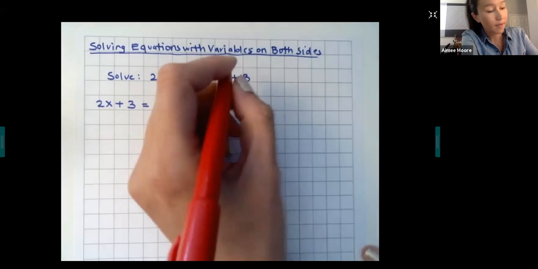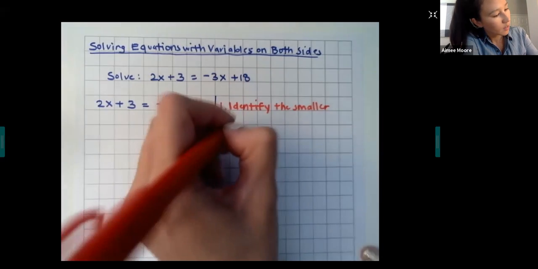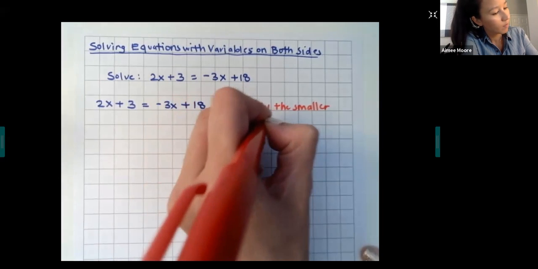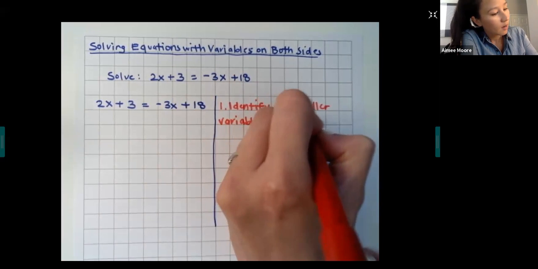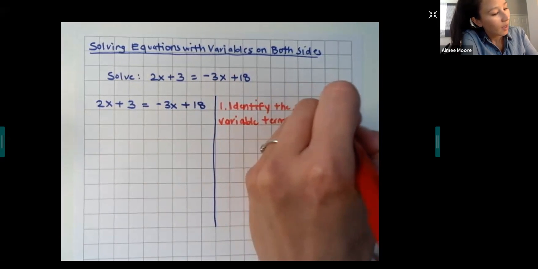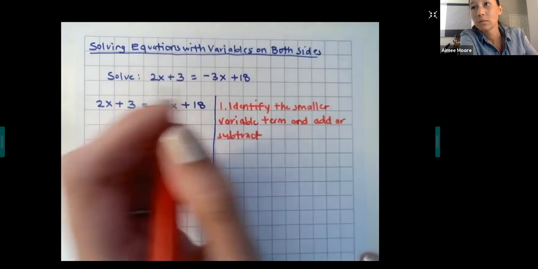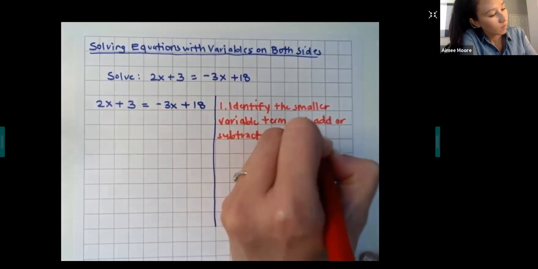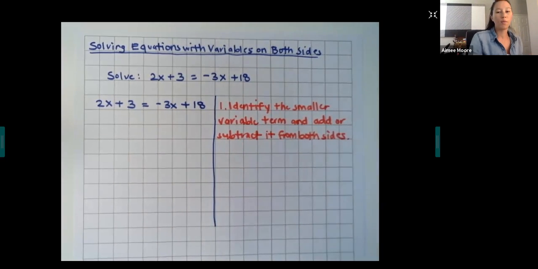And so the easiest way to get all of the x's together is to identify the smaller variable term and add or subtract it from both sides.